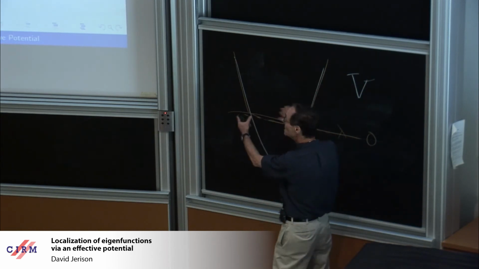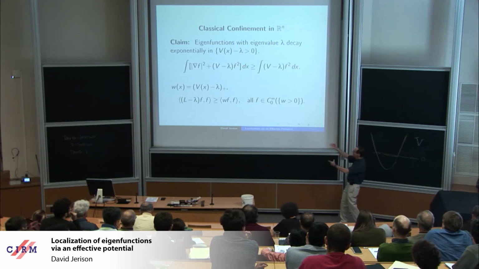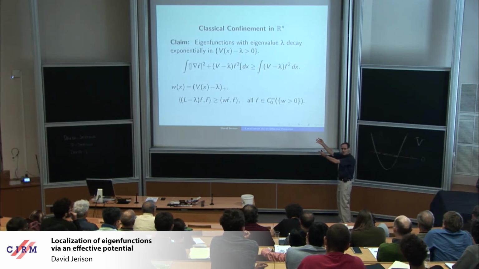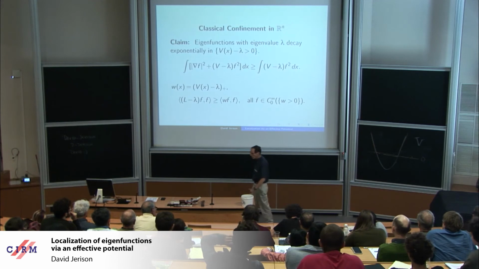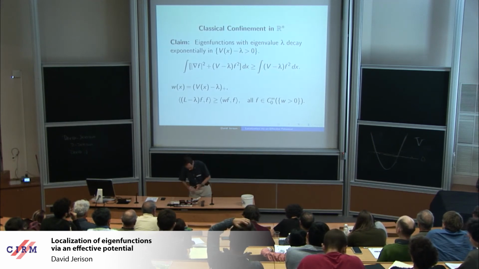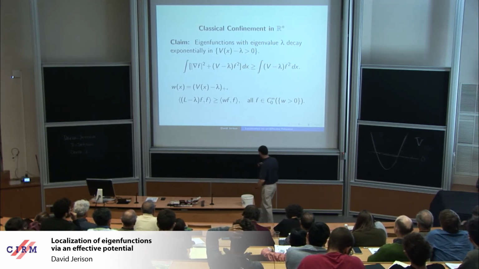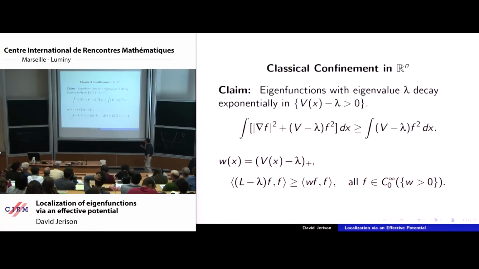And where it's positive, that's where the eigenfunction doesn't want to live. And of course, it's relative to the level. We're going to move the level, lambda, up and down. But anyway, this is the excluded zone for the eigenfunction. So how are we actually going to prove this decay?